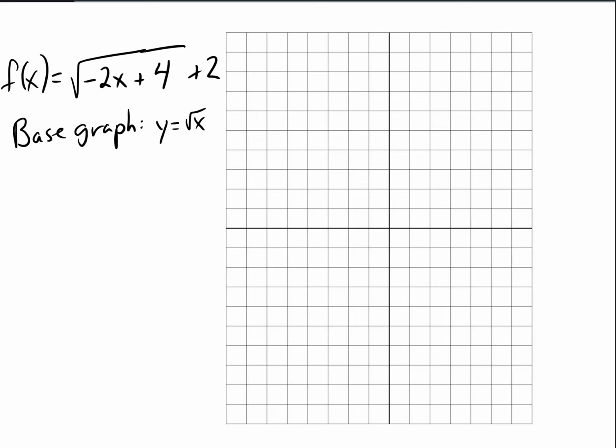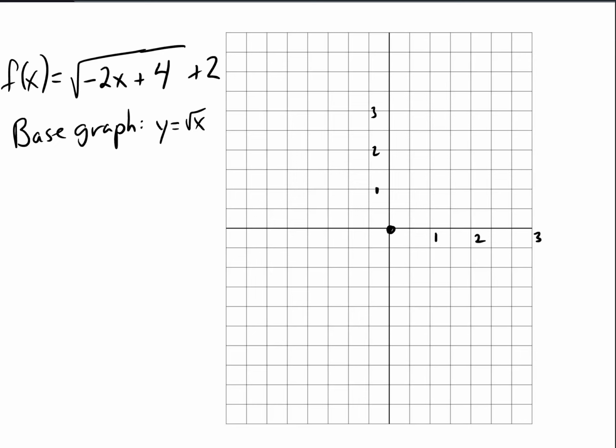So remember, for square root, we start at 0, 0. I'm going to make my scale a little bit bigger so we can see things a little bit better. I'm going to make every 2 units a 1, a 2, a 3, and so on.